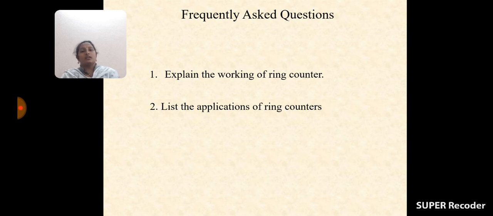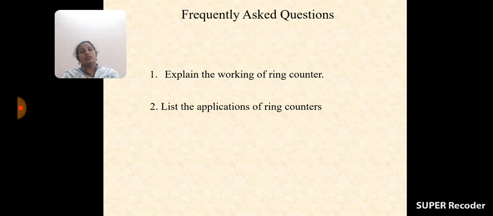Ring counters are counters used to count words having only single bits. What is meant by a ring counter? It is a counter used to count the clock pulses, but the words have only a single 1 bit. Single bit means 1.